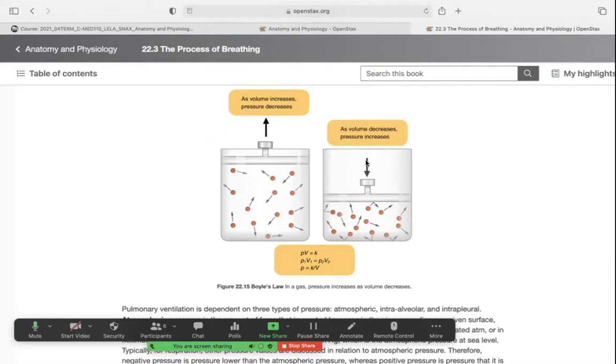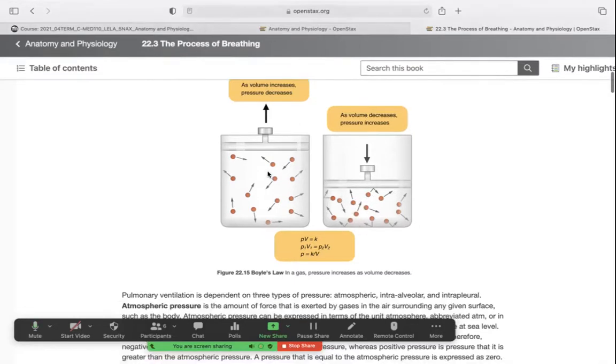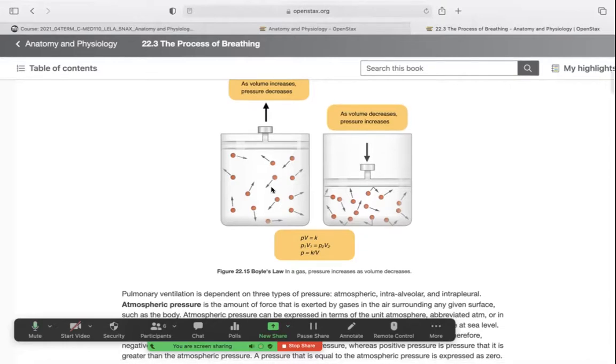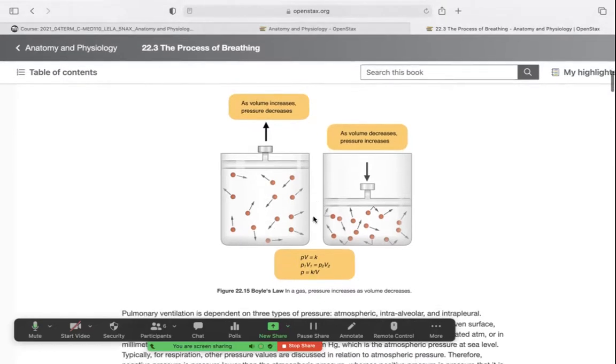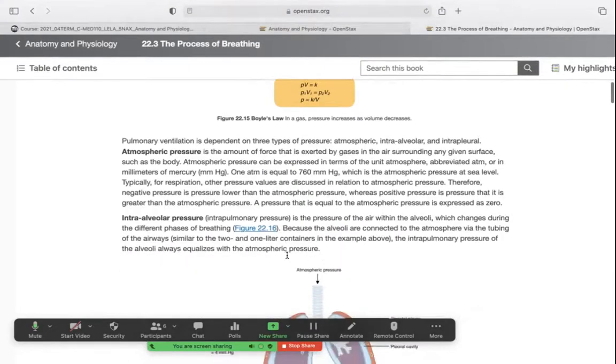But if I decrease the volume of my lungs, what happens? The pressure will increase. So what Boyle's Law states is that there's an inverse relationship between pressure and volume. So if the pressure increases in the lungs, that means the volume should decrease, and vice versa, okay? So that's Boyle's Law.